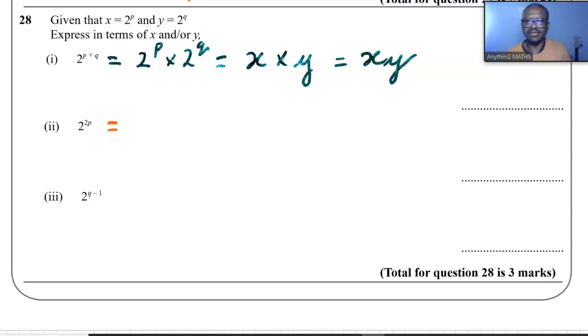The next one, we can express this 2 raised to the power 2p as 2 raised to the power p times 2 raised to the power p. We know that 2 raised to the power p is x, so x times x, and that will give us x squared.